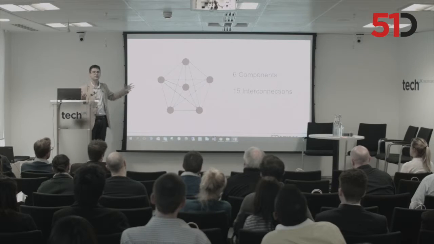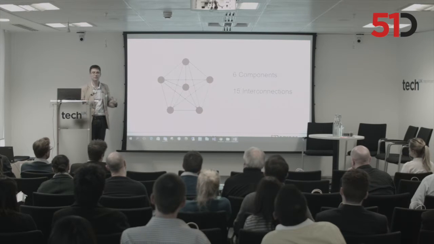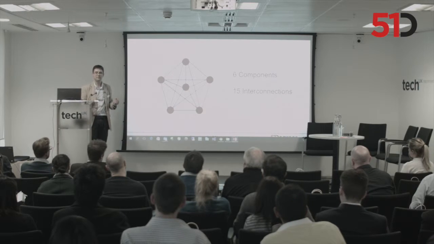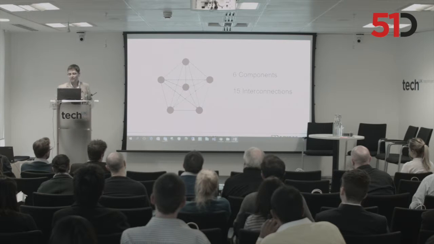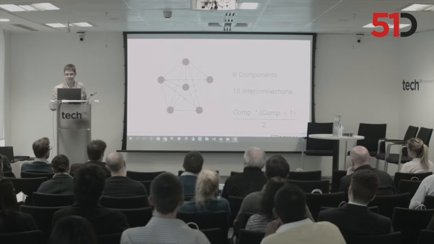So it doesn't matter what the system is, the more things you have relating to one another and needing to communicate with each other, the more complex those interconnections become. For the mathematicians among you, that's the formula to work out the number of interconnections for the number of components. I'm sure it'll be on a GCSE paper soon.